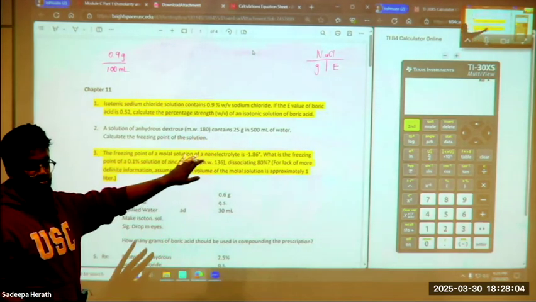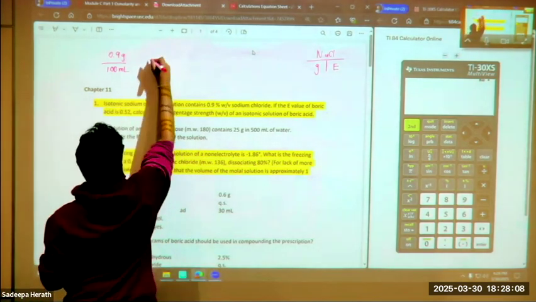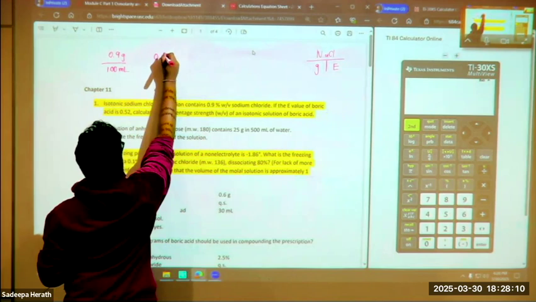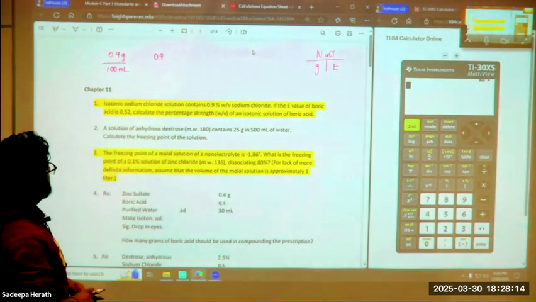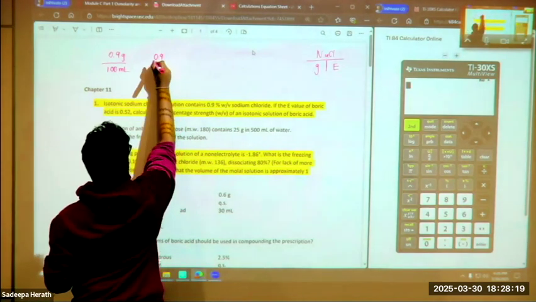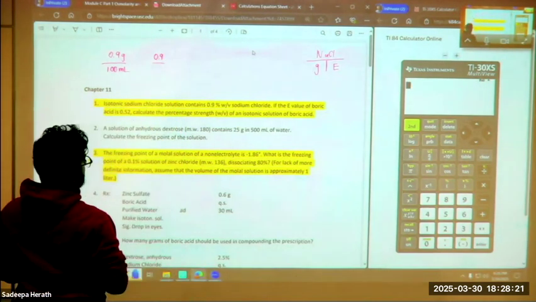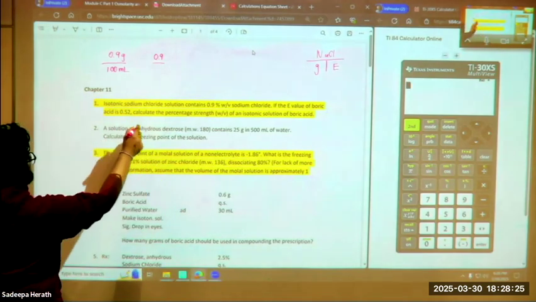That's how we determine our percentage strength, right? So we can take that. So 0.9, and so that's our amount of NaCl divided by our E value, which is 0.52.